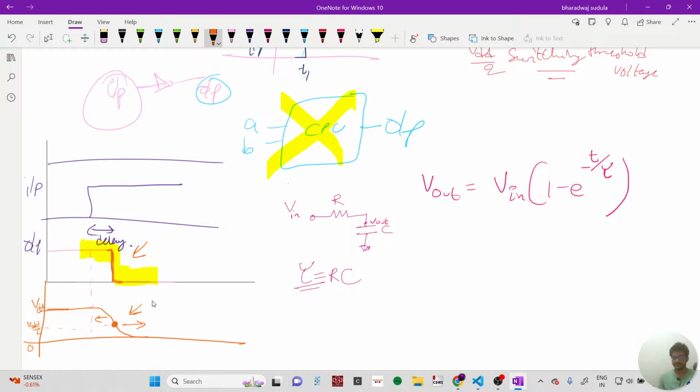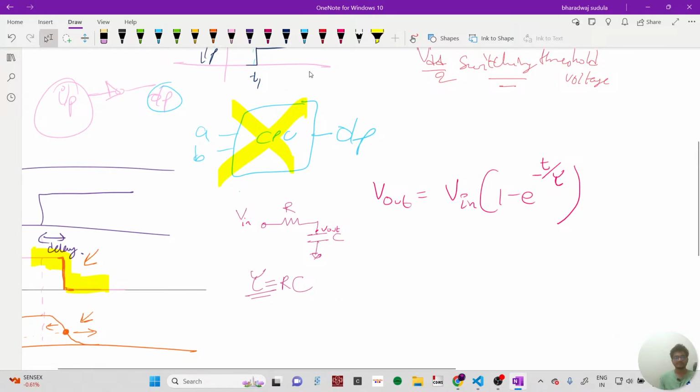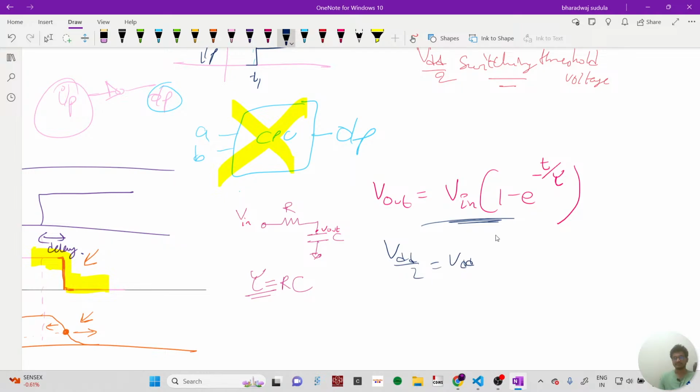So I need VDD by 2. If you do some calculation, V out is VDD by 2, which is VDD times 1 minus e power minus t by tau. Tau is nothing but RC; we'll discuss this later.